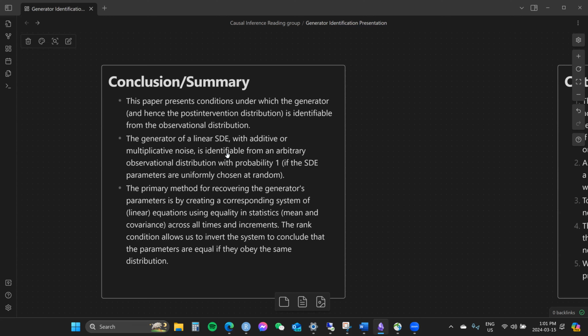And the primary method for recovering the generator's parameters is creating a corresponding system of equations using the equality of statistics, mean and variance, covariance, across all times and increments, and the rank condition of this system should be invertible.